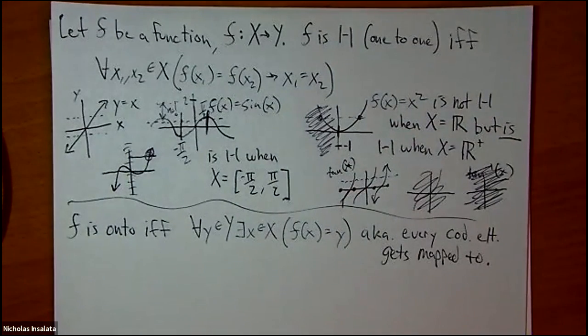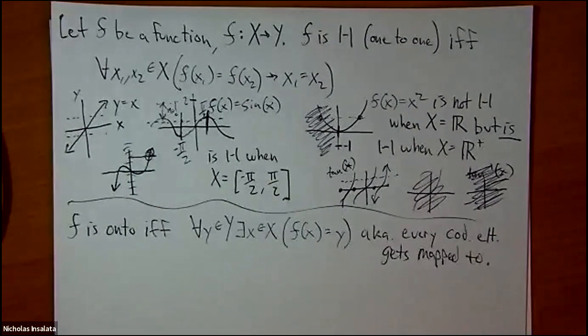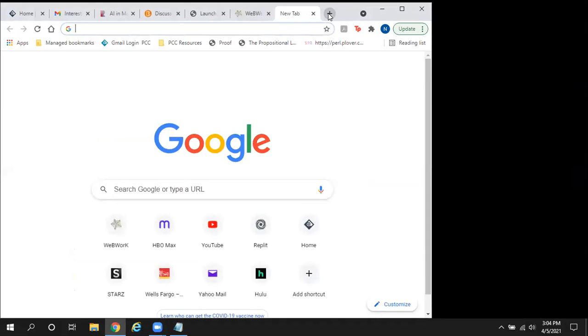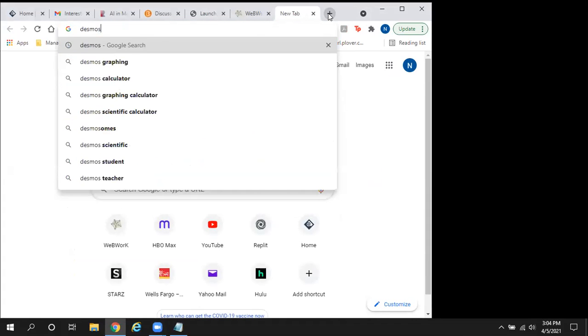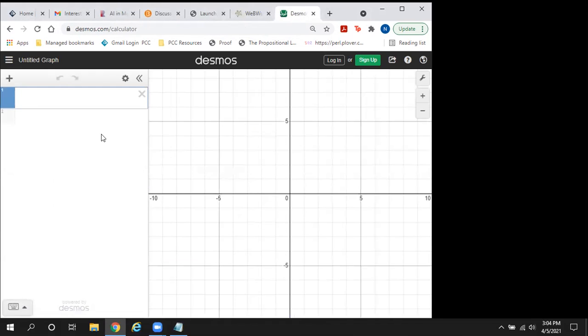Now, if you wanted a function that is onto but not one-to-one, I think if you did this cubic function like that, that would work. Let's go on Desmos for a quick moment and see what kind of equation that would look like, just so that you get an idea for how to make that line. I think you just subtract off a linear term. y equals x cubed minus x.